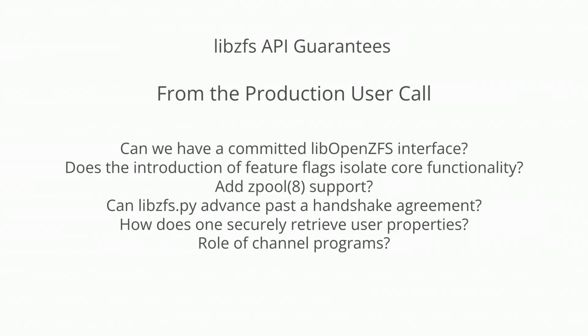But the second one, I didn't really understand. What do you mean by feature flags isolate core functionality? In establishing an API, would it make life easier that feature flags are perhaps not supported, and certain things handled there are just not part of the core stable API?